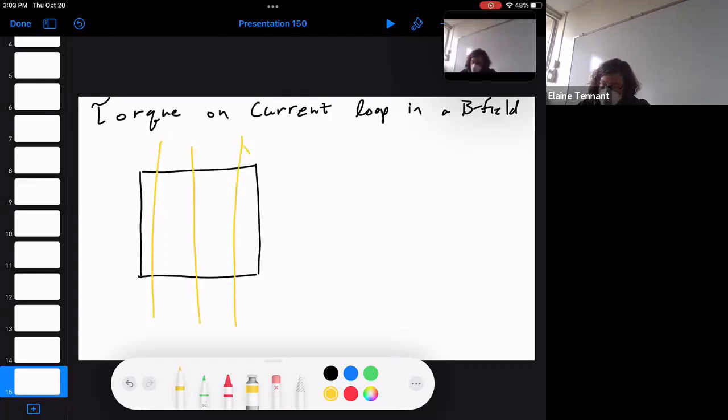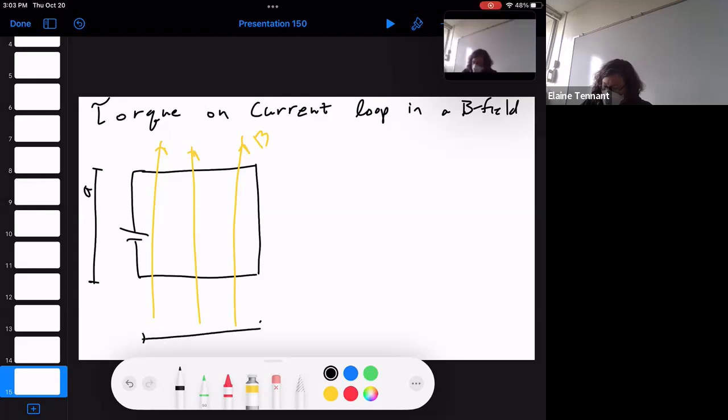We'll put a magnetic field in the same direction. Remember that we need a battery in here, where my battery will go like that. I will say that this side of my rectangle is A long, and this side is B long. We'll say the current through this is I, and pretend I have something that keeps this from shorting out.